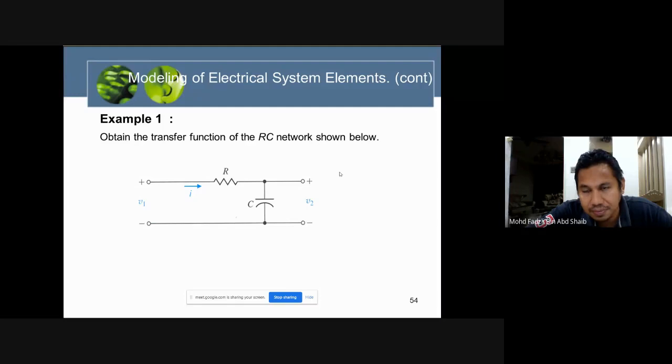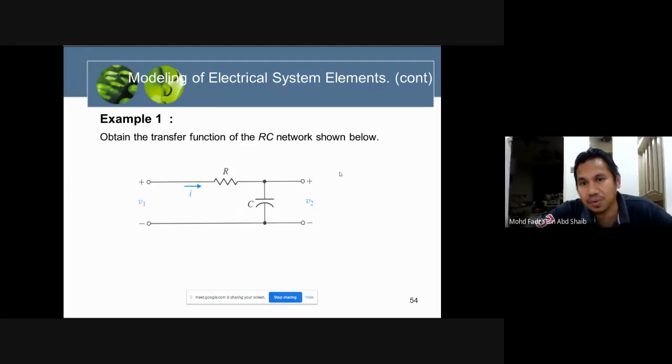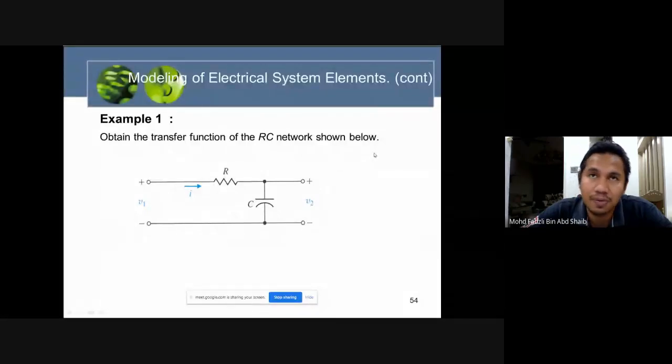Output over input. In this case, the output is V2 and the input is V1. I will show you step by step how to solve this problem. I think for some of you, this is just a revision from another subject.